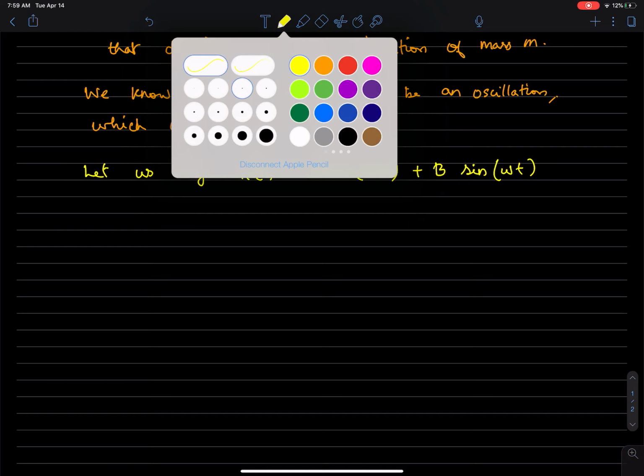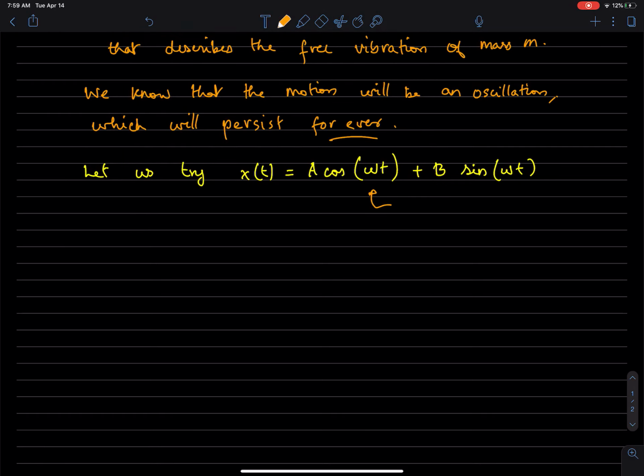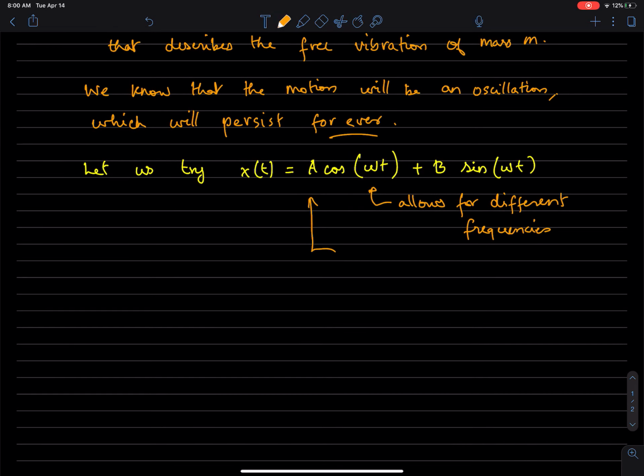This omega is the unknown frequency, allowing for different frequencies, and A and B allow for different amplitudes, okay? Let's call that equation number 2.